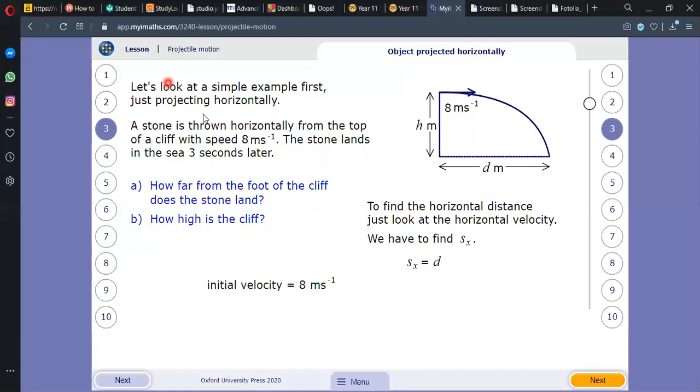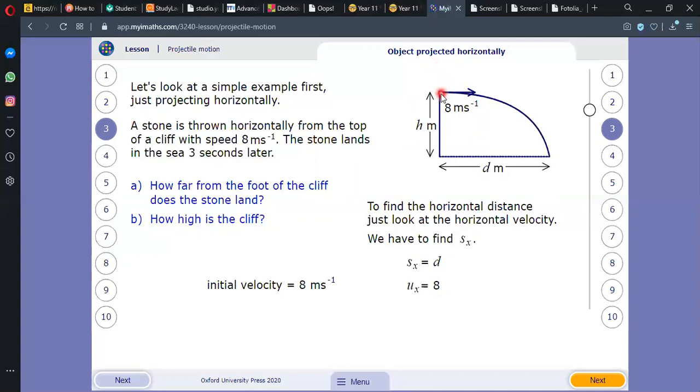Initial velocity, according to the question, is 8 meters per second. That is definitely your ux, which equals 8. Now, why did we say ux equals 8? We're actually supposed to find the vertical and horizontal components of the velocity. But you will see that this velocity this time around was not projected at an angle such that we will need to resolve that velocity vertically and horizontally.